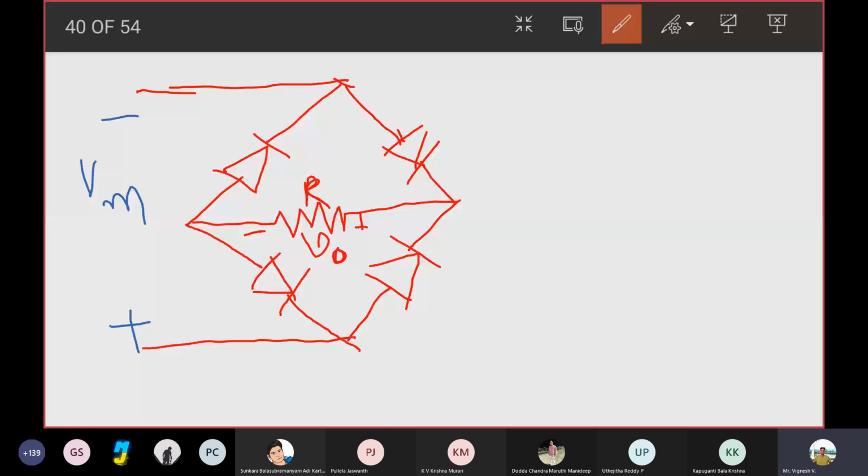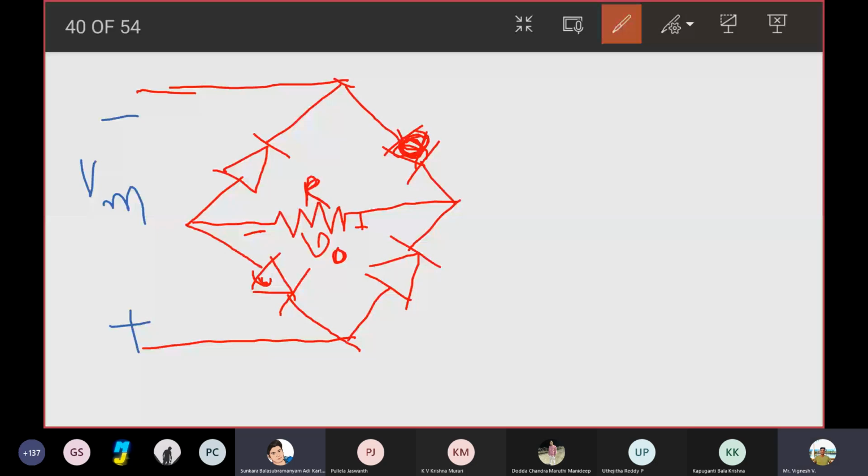So this diode and this diode will be on, right? Is the circuit correct? Please check. Correct, no sir. So these two diodes will be on.